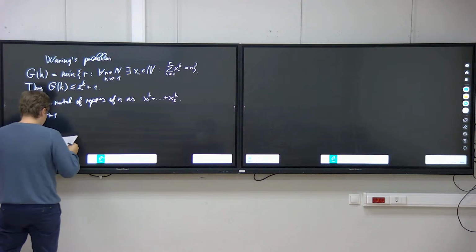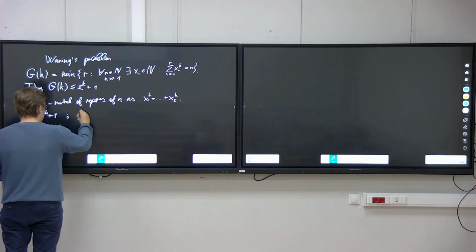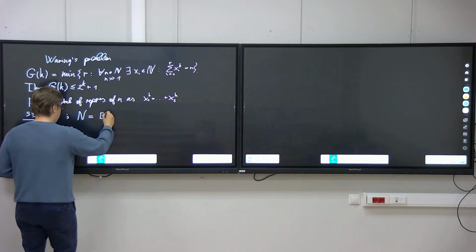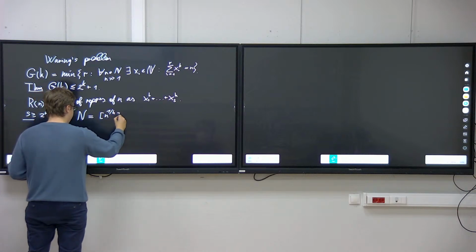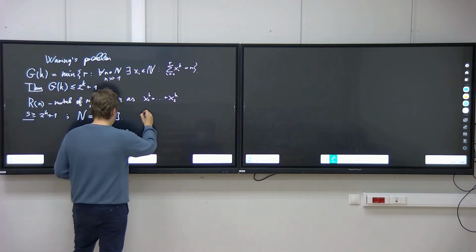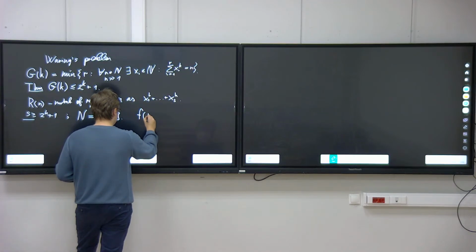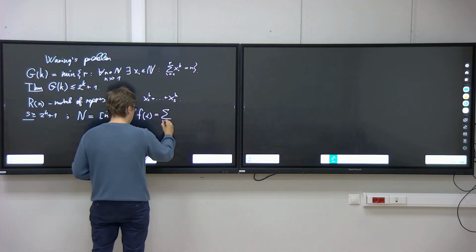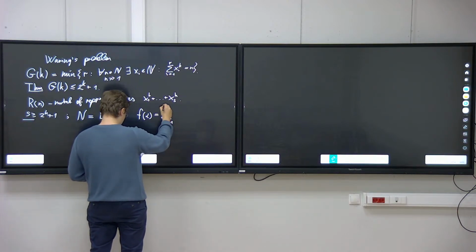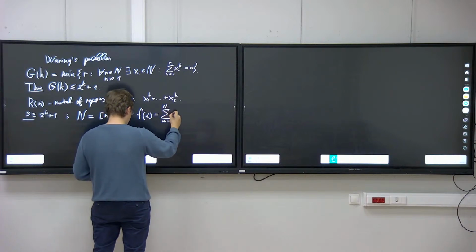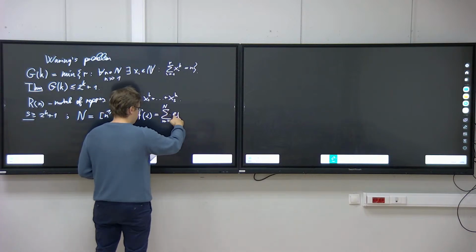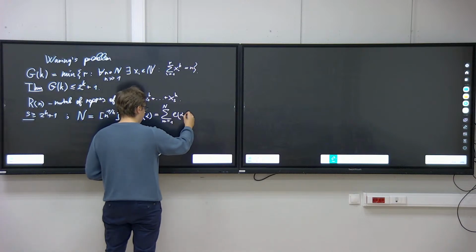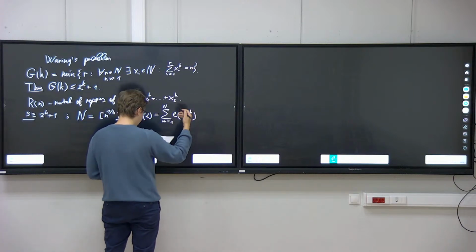Okay, and so we introduced big N, it's n to the power 1 over k, and we looked at this exponential sum: f of alpha is the sum over n from 1 to big N of exponent of 2 pi i alpha n to the power k.